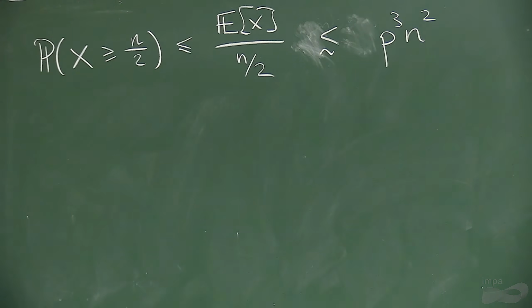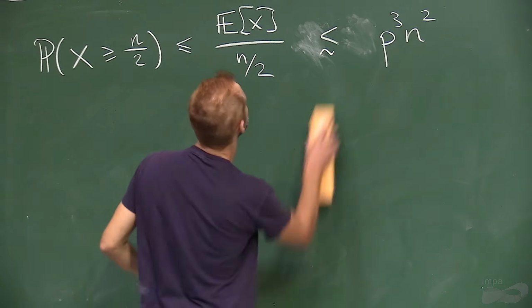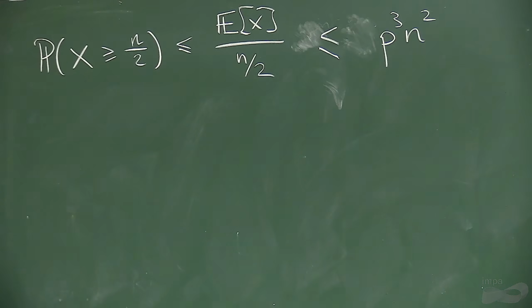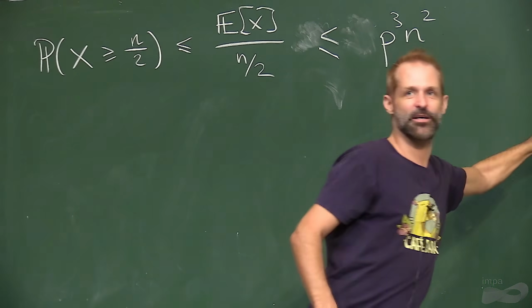The constant factor is less than 1, so I can just put less than. I just plugged in Markov's inequality with t equals n over 2 and the calculation of the expectation.